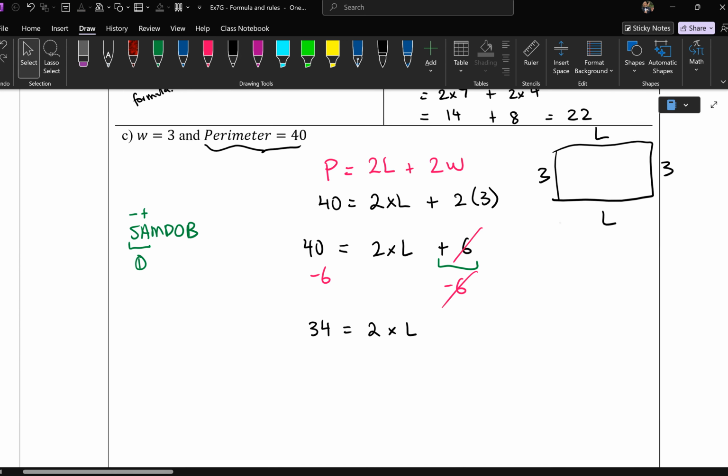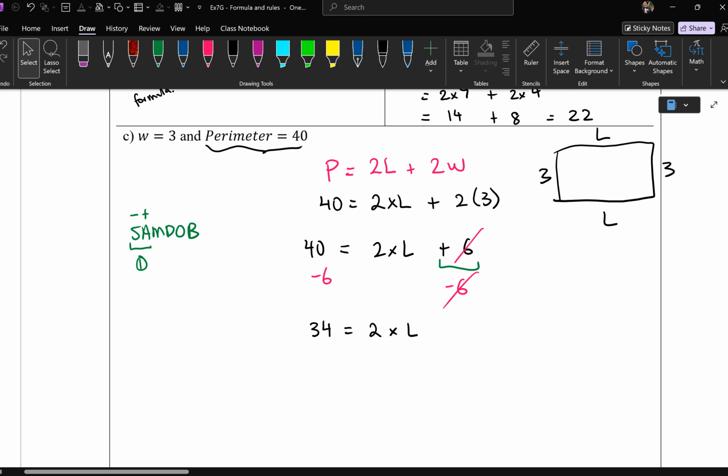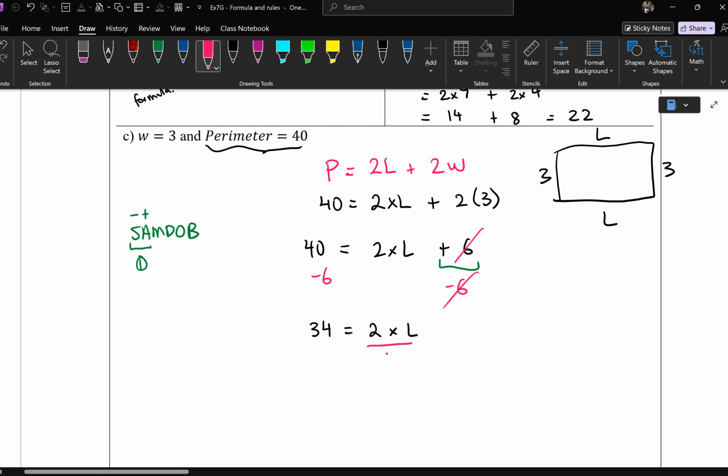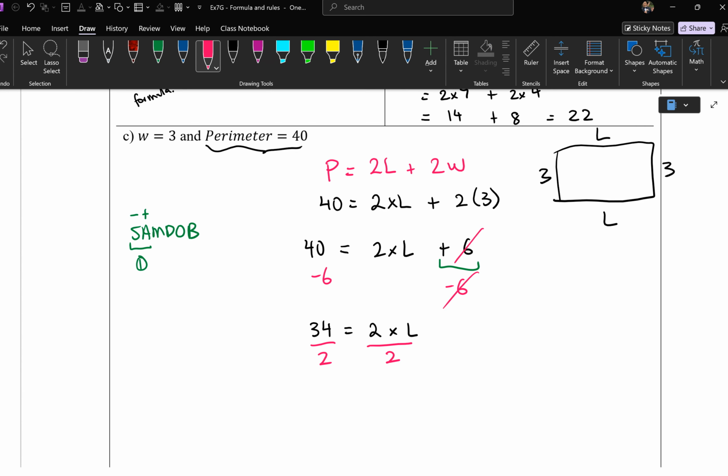My goal is to find L. I don't want 2L. I don't need that 2 times. So how do I get rid of it, Attila? Divide. Very good. Divide by 2. But whatever you do to one side, you do to the other. So opposite of times is divide. Opposite of plus is minus. So this is exercise 7B.